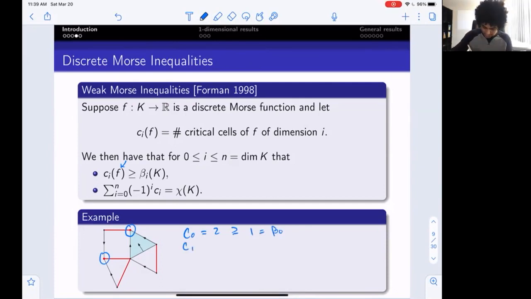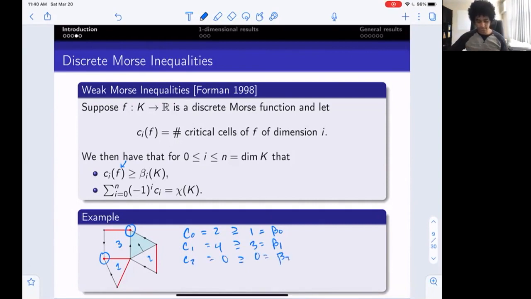And then we can check this for other dimensions. So we have 4 critical edges, and that is indeed greater than the 1, 2, 3 cycles that we have, which is 1. And then I suppose I should complete this. So we don't have any two-dimensional holes.